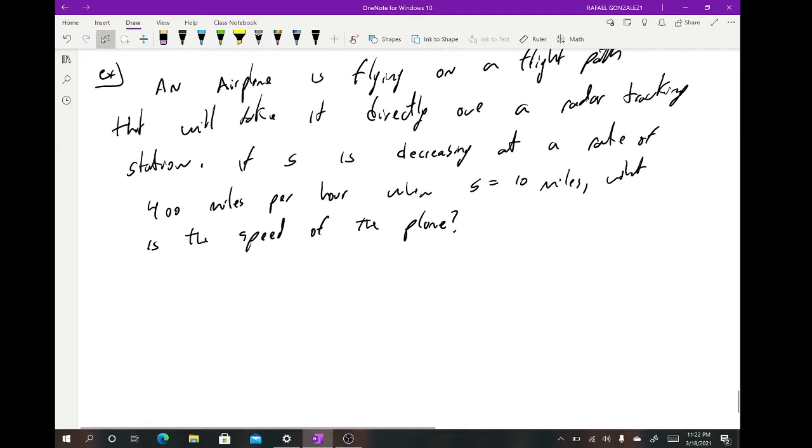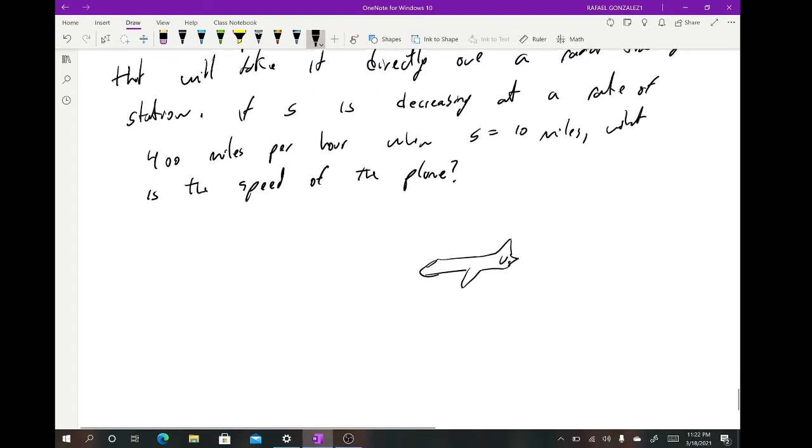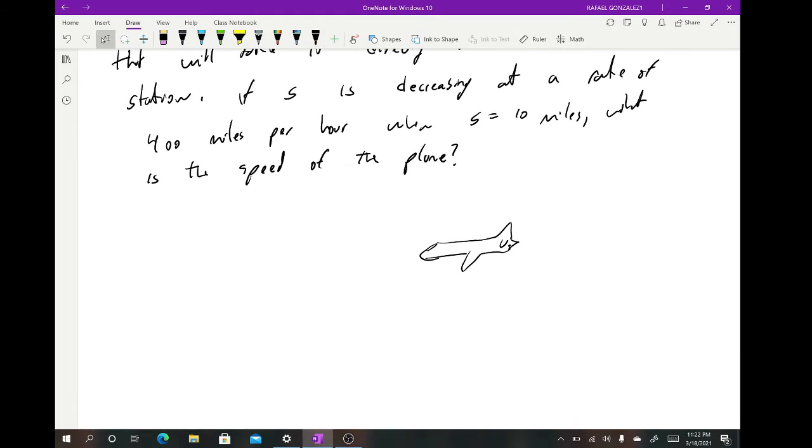So what we have here is an airplane that is traveling at some speed, and this airplane eventually is going to reach a radar tower.